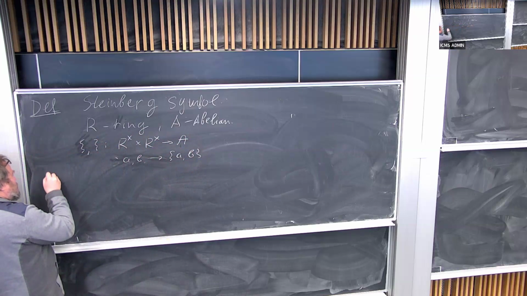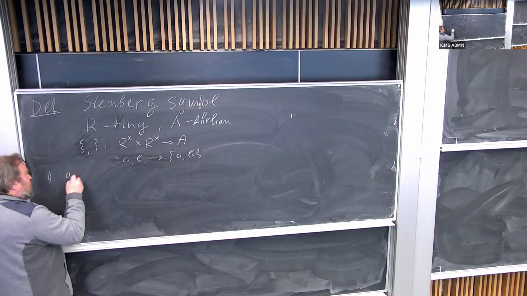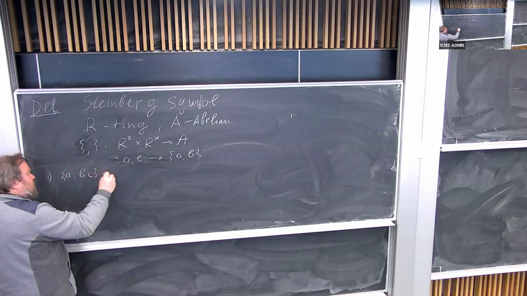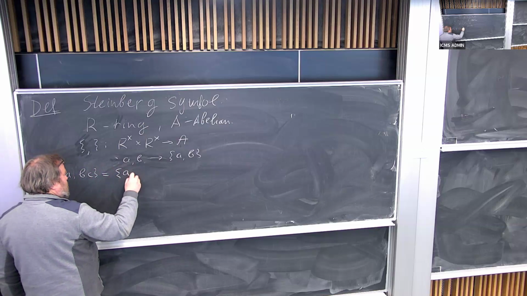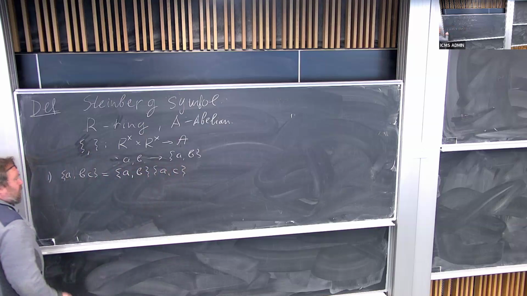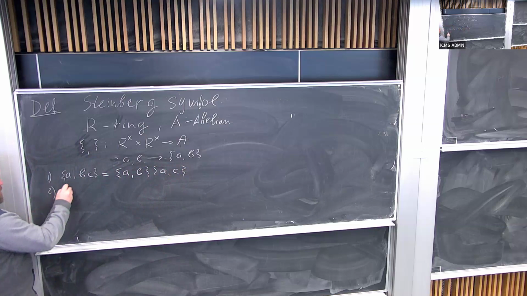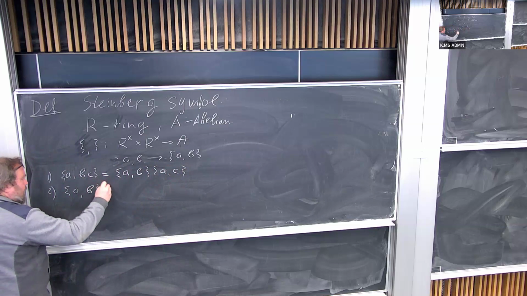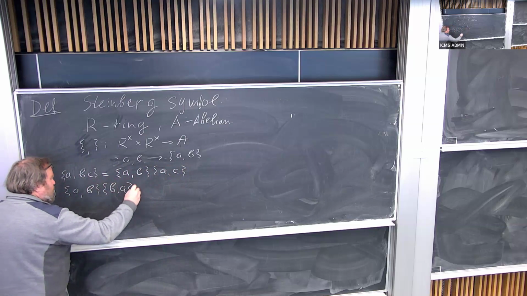The first property is that {a, b} is bi-multiplicative, so {a, bc} is equal to {a, b} times {a, c}. The second property is that {a, b} times {b, a} is equal to 1.